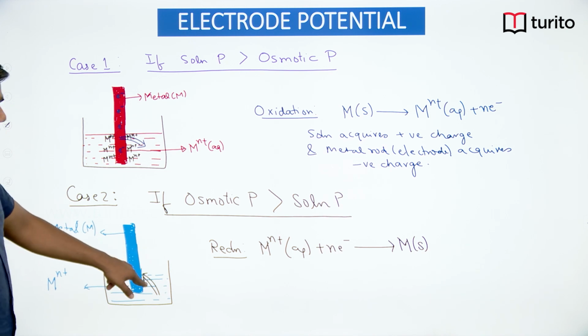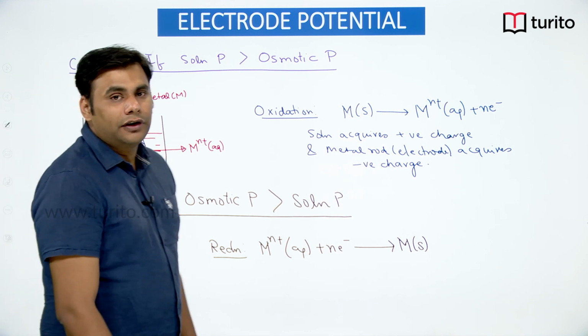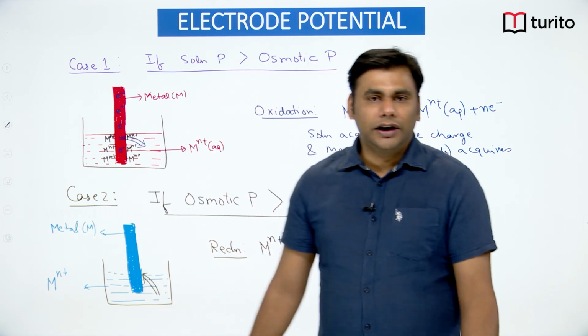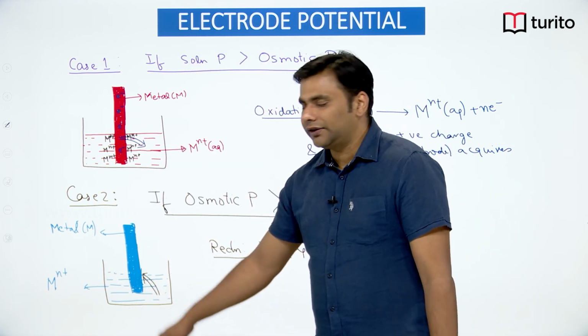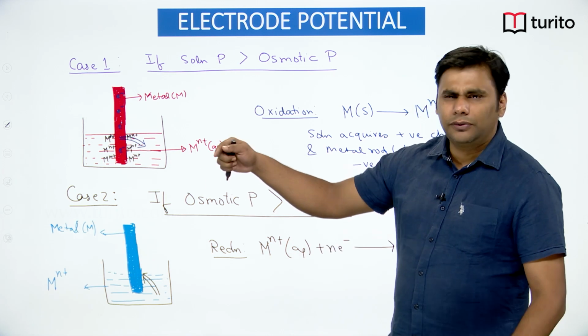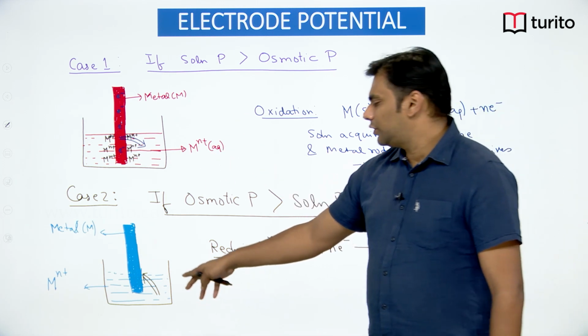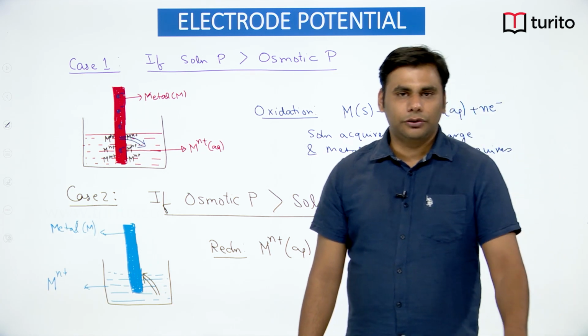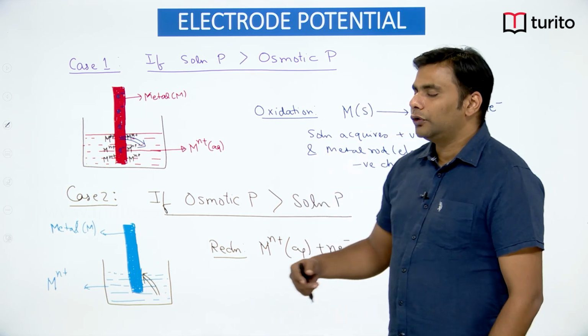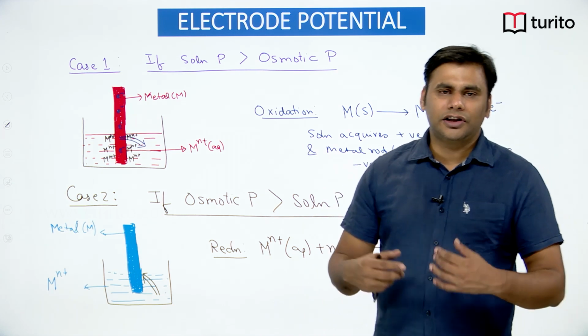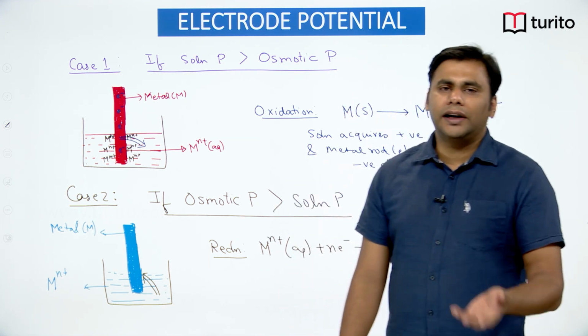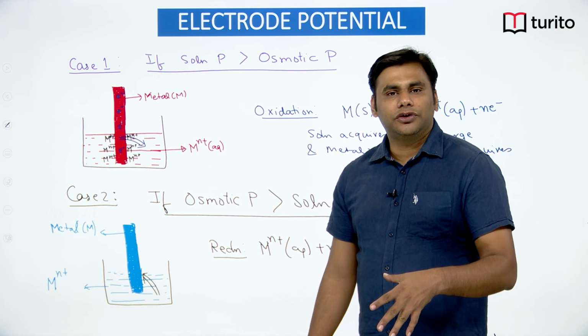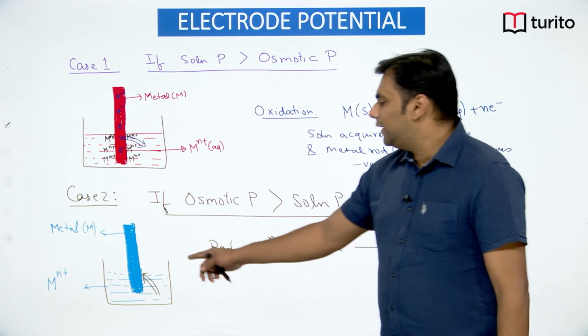So when the metal ion from the solution goes out and gets converted into metal and deposited on the rod, the number of positive cations in the solution would decrease. Suppose we have dipped zinc in zinc sulfate solution, and there are 20 zinc 2 plus ions and 20 sulfate ions, because the solution is electrically neutral. Now out of those 20 zinc 2 plus, let us assume that some zinc 2 plus gets reduced and changes into zinc and gets deposited at the rod.